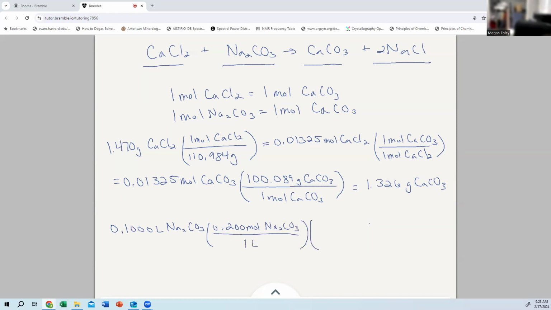And then we already know that 1 mole of Na2CO3 produces 1 mole of CaCO3. So multiplying that out, 0.1 times by 0.2 times by 1/1 gives us 0.0200 moles of CaCO3.